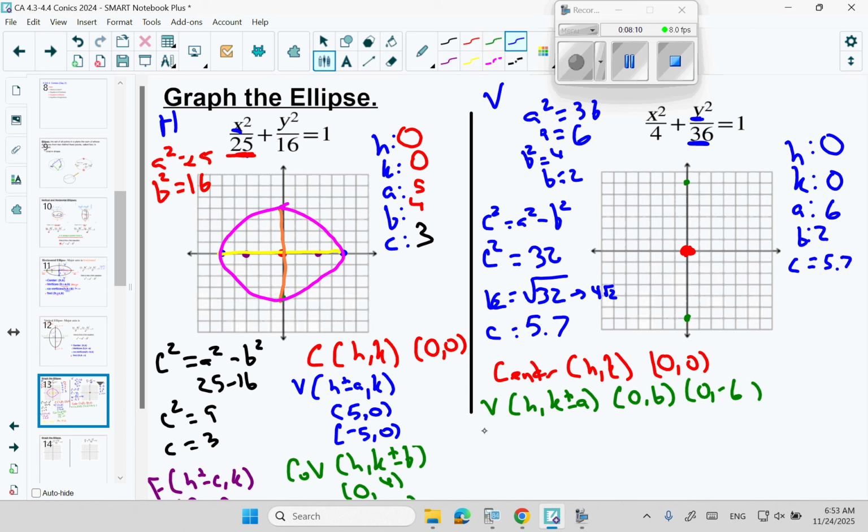Okay. Co-vertices are h plus and minus a, comma, k. So, sorry, h plus and minus b. Co-vertices is b. 0 plus 2 is 2. 0 minus 2 is negative 2. And my k stays the same from earlier, so 2, 0 and negative 2, 0.